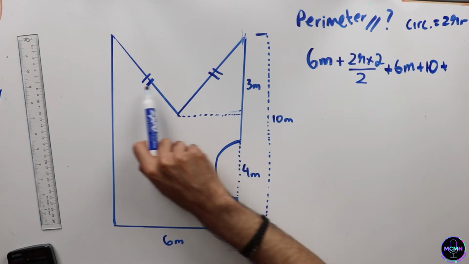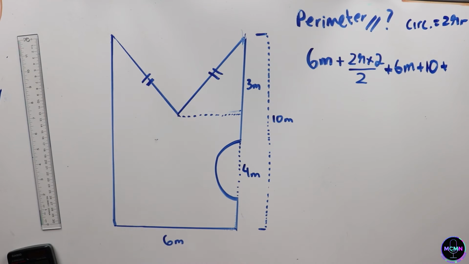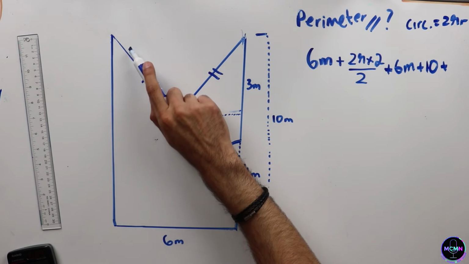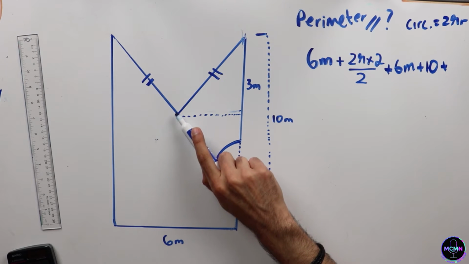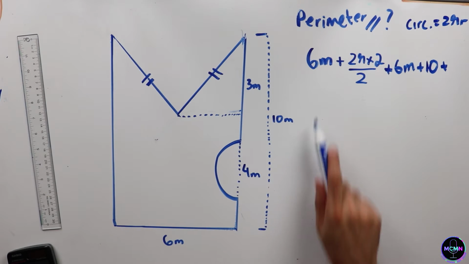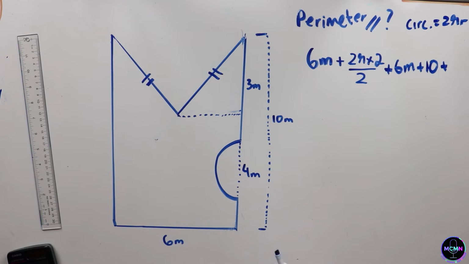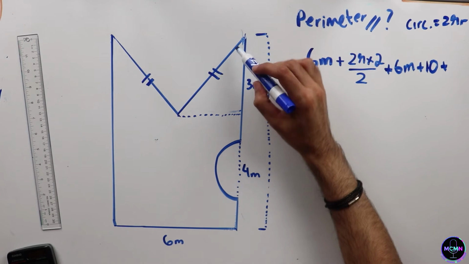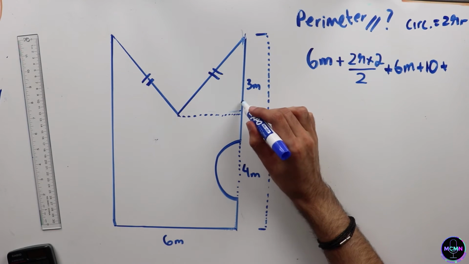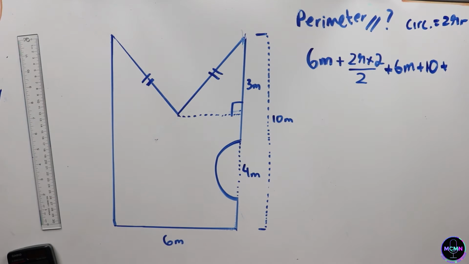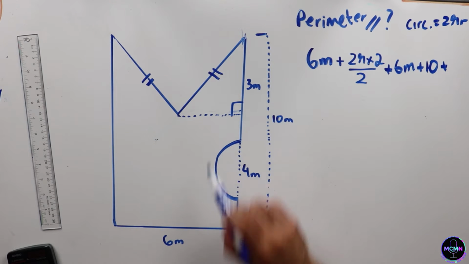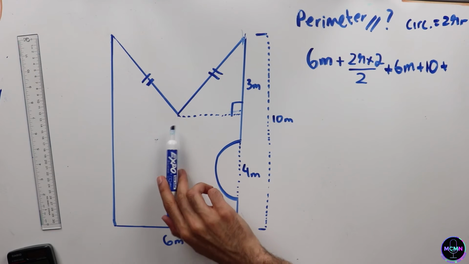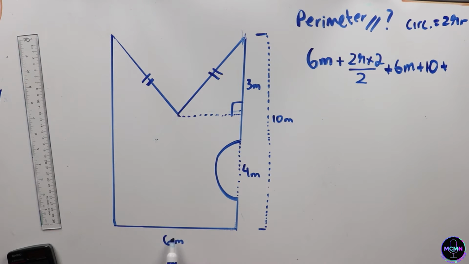I've got to try to figure out this length, and then add that to my equation here. The trick to this is the hypotenuse. Since this is a straight line, I have a right angle triangle there. And I know they're both isosceles, so they meet right at the middle of 6 meters here. That means this is 3 meters, and so is this one.